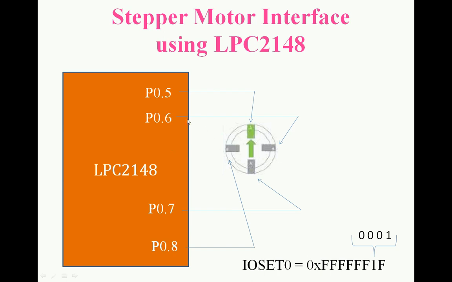After some time delay, I am giving 2, and the B winding is activated. After some time delay, I am giving 4, and the C winding is activated. After some time delay, we have to activate the D winding, 0001 in that position, which is 8. So these are the statements you are going to keep in the actual program.